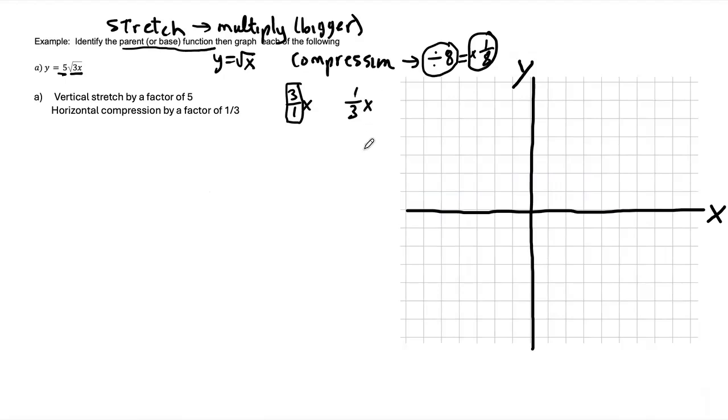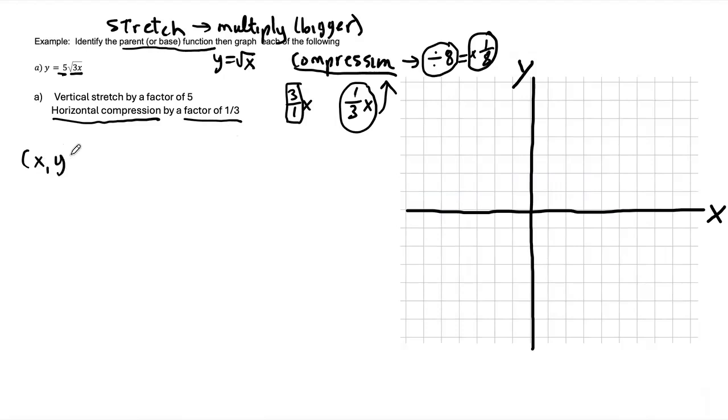And when you multiply something by 1 over 3, you are doing a compression. 1 over 3 times x is not a stretch, it's a compression, and that's why we say a horizontal compression by a factor of 1/3. Yes, I know the equation says 3 times x, but for the key points, we're actually going to multiply them by 1/3, which is going to make them smaller, so we have to call that a compression.